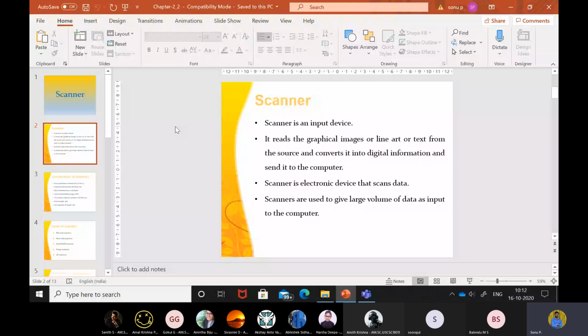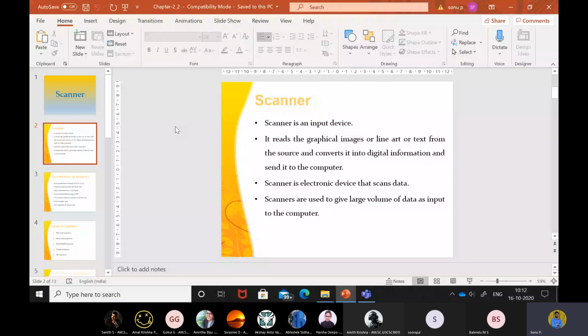Basically, these scanners are used to take input from the outside world, like papers, books or images, into a computer as an image format or a PDF format, as we already know. So these are some of the aspects of a particular scanner machine.